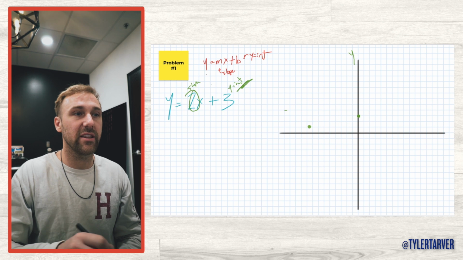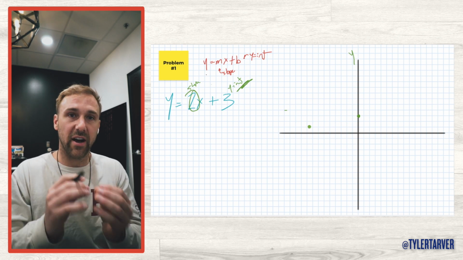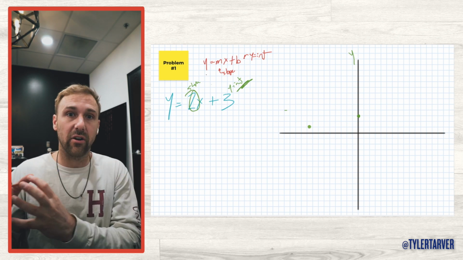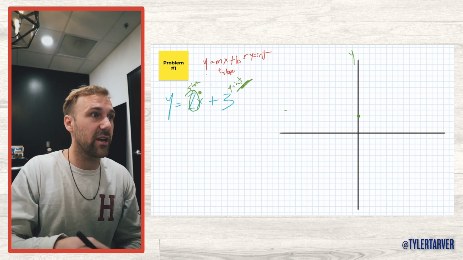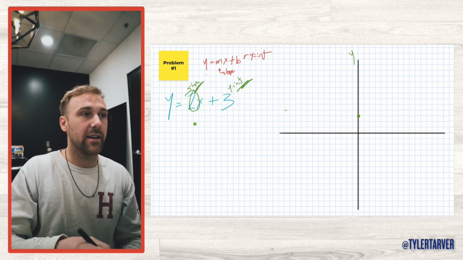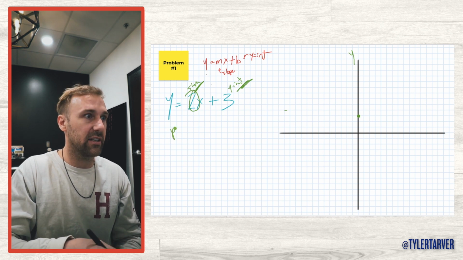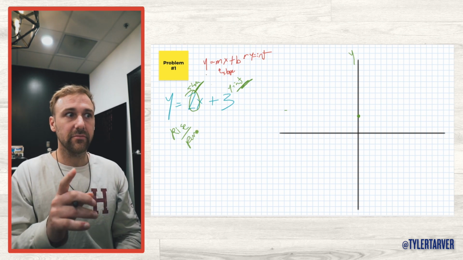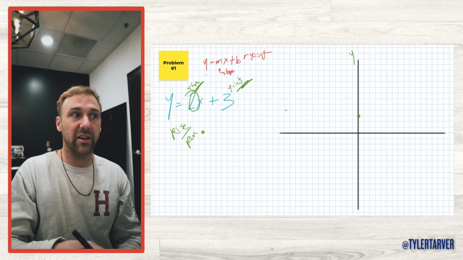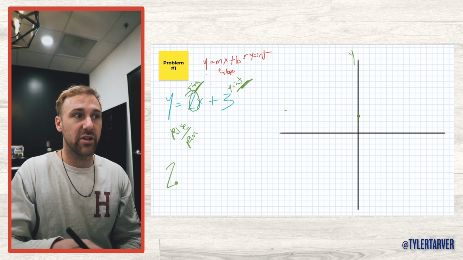So whenever you are doing these, you always want to find your starting point, and then from there, you use the slope information, which is right here. Now, you know slope as rise over run, okay? Now, we don't have something over something, we just have 2.